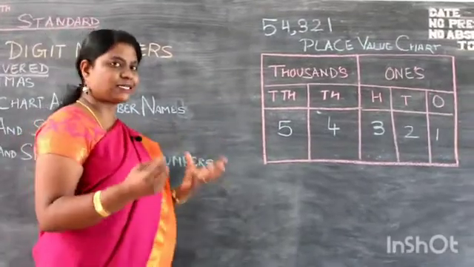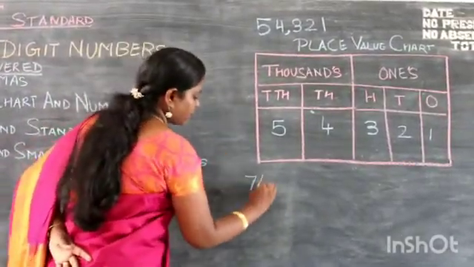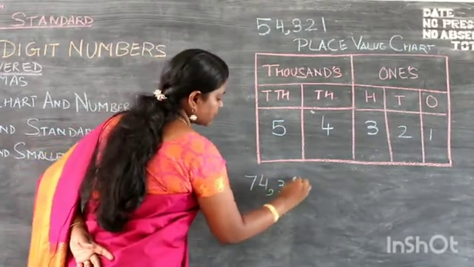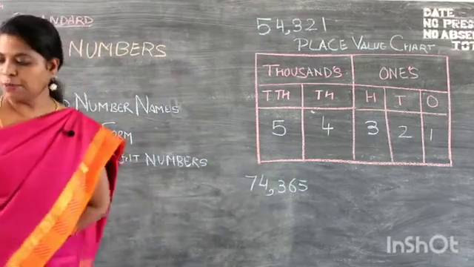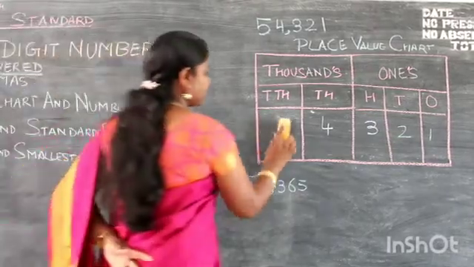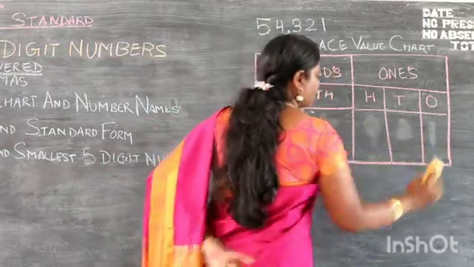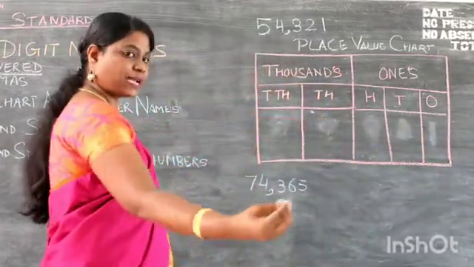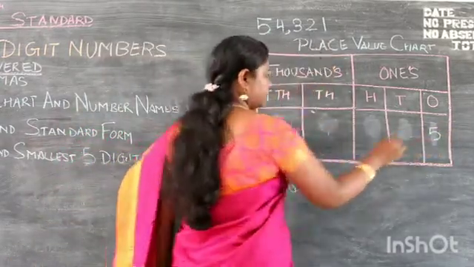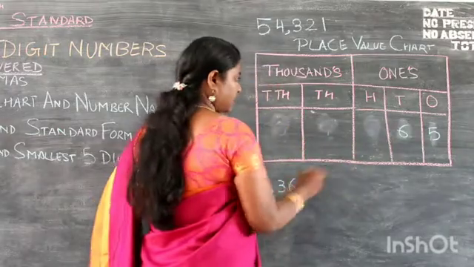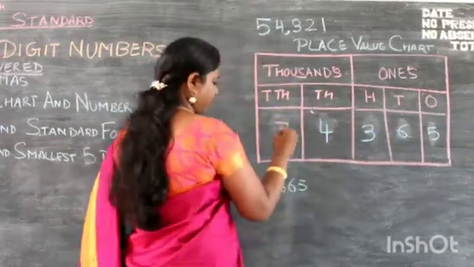I'm going to take generally some other number. Okay, let me take the number 7,465. Okay, so how are we going to place that in your place value chart? Let us see that. Okay, like I told you, we are going to start from the right side. So it's going to be 5 here, then 6 here, and then 3 here, 4 here, and 7.